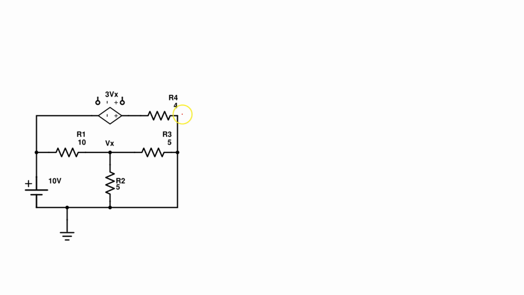So now we know here will be 0 volts, and we want to find the voltage at this point here. We know here is 10 volts, and this point here, VR4A, will be equal to 10 volts plus the voltage across the voltage source, which is 3 Vx.